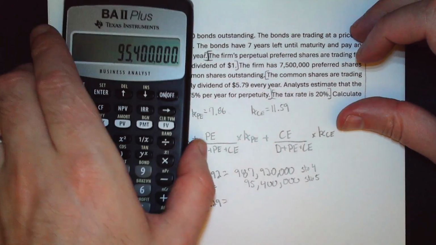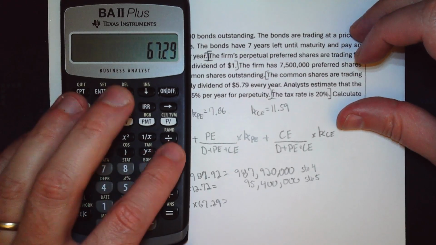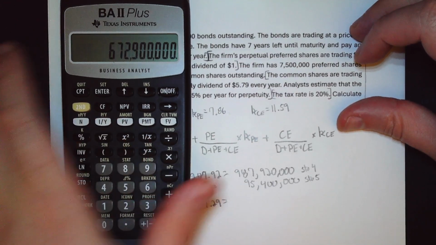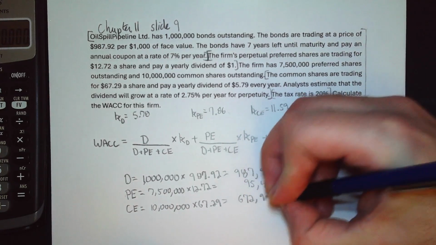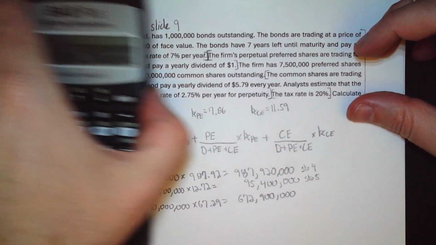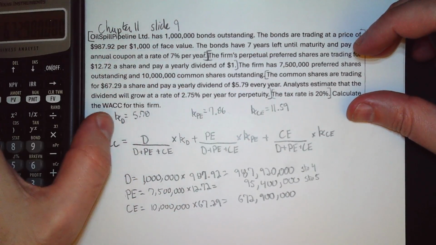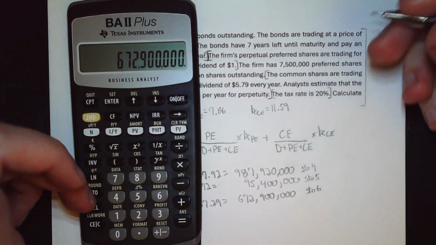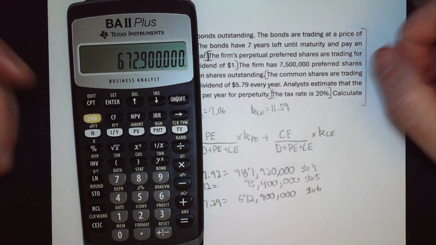So that's going to be 67.29 times 10 million shares, and that gives us 672,900,000. Some of you might say, "Hey, Francis, I know what 10 million times 67 is." Yes, I agree. I just like to have all these numbers on my calculator because I find that this is going to help me a little bit later on.